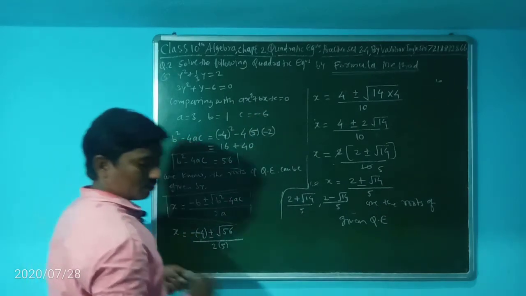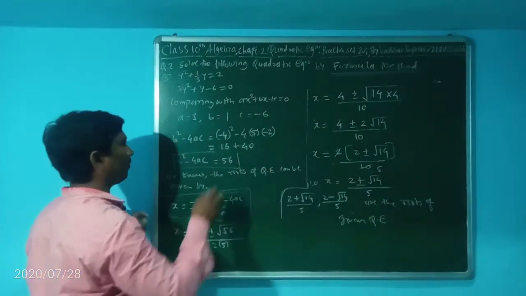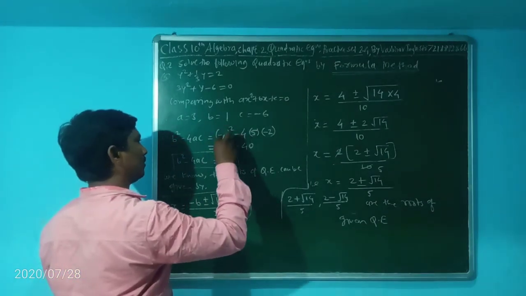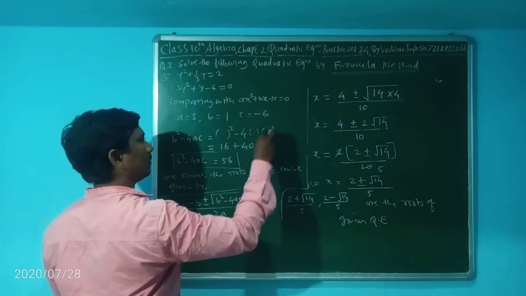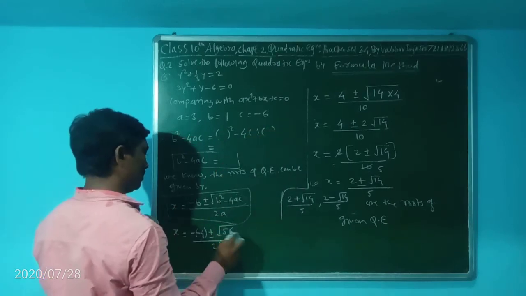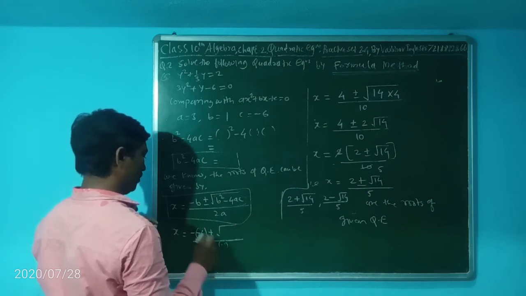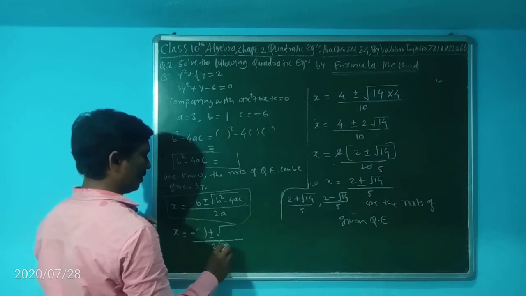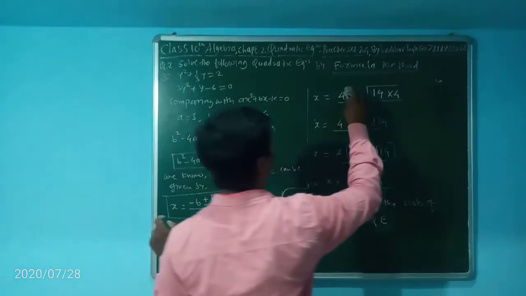Now put these values in b square minus 4ac and find b square minus 4ac. Then put all the values in the formula to determine the roots.